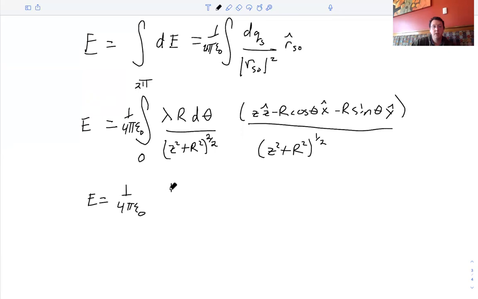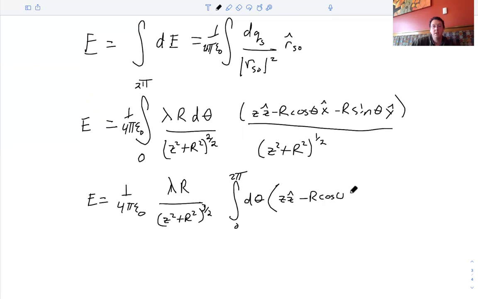So that's going to be lambda r over z squared plus r squared to the 3 halves, times the integral d theta from 0 to 2 pi of z hat minus r cos theta x hat minus r sine theta y hat.